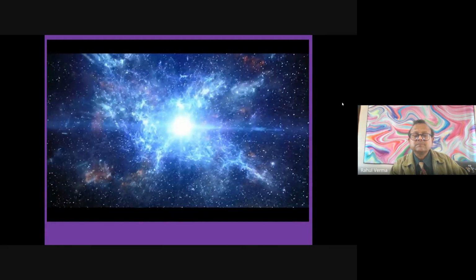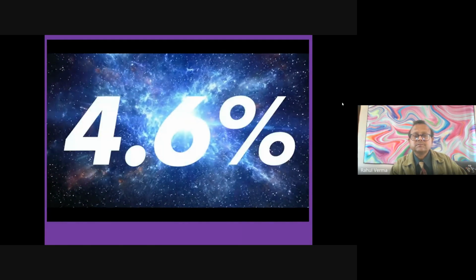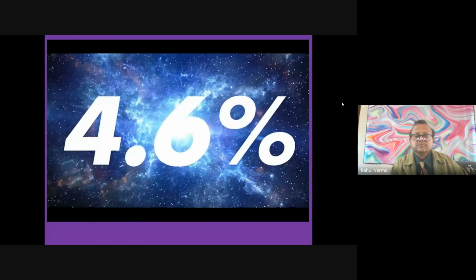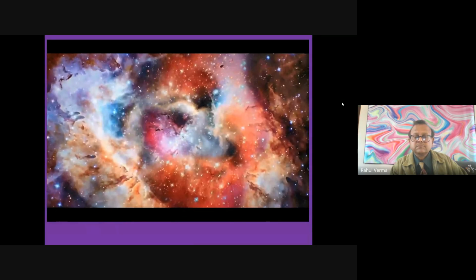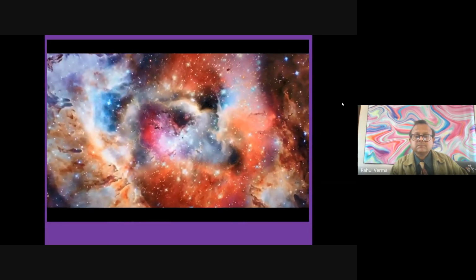And it discovered that familiar atoms only make up 4.6% of our universe, and dark matter makes up 24%. This means that everything we see accounts for less than 5% of our universe. So if you're curious about what came before the Big Bang, what exactly is dark energy, and what will happen to our universe when it dies, then cosmology is just for you.